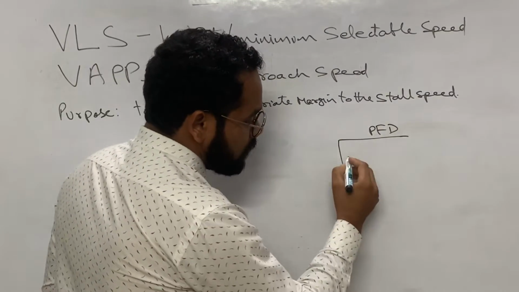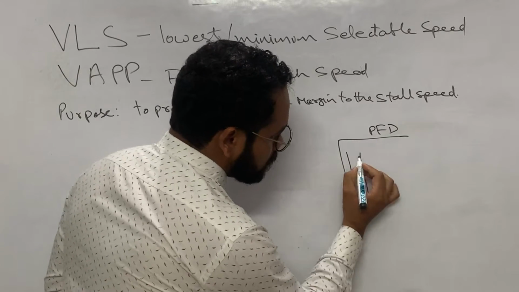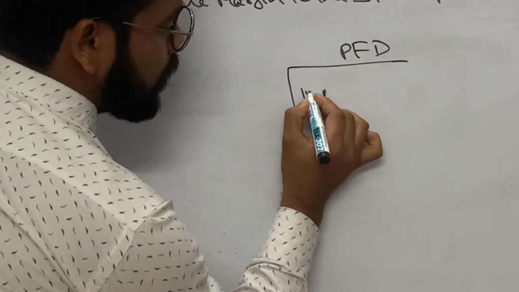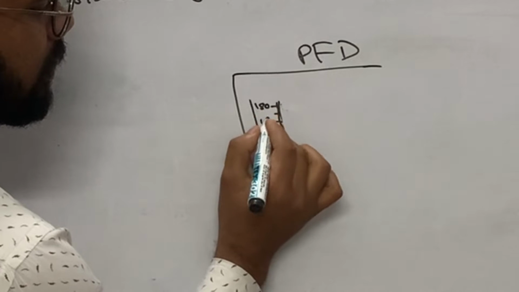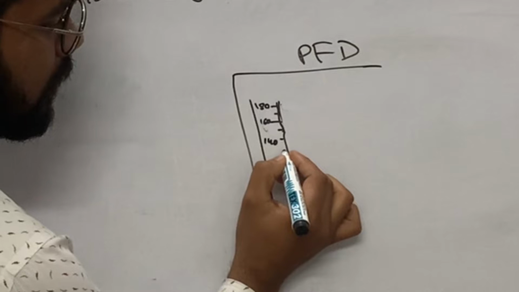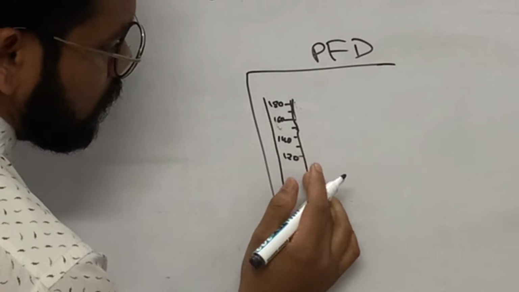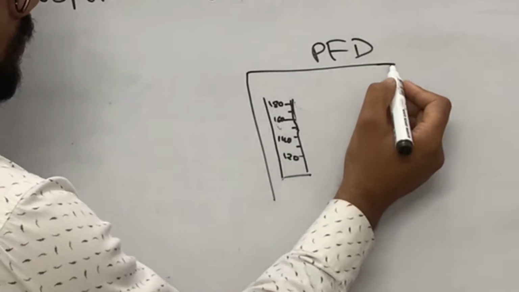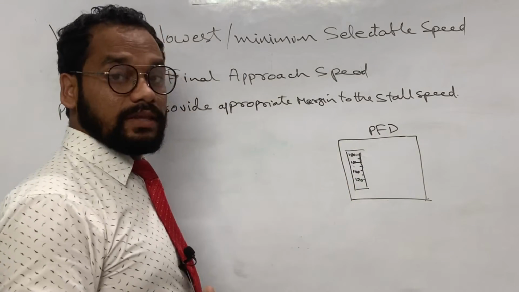On the PFD, on the speed scale, suppose there are speeds written randomly: 180, 170, 160, 150, 140, 130, 120. On this speed scale, we get the VLS indication.